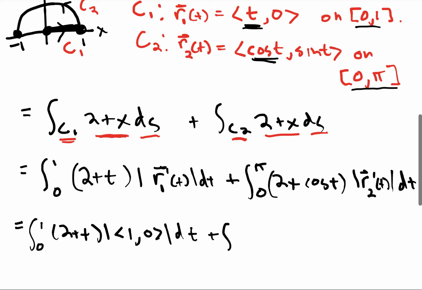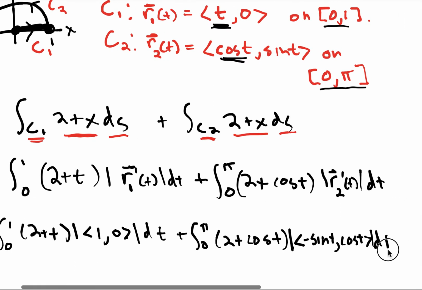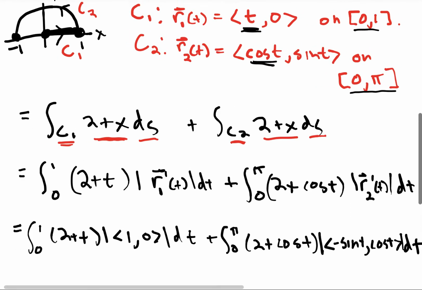Now for this other function, if I'm trying to worry about R2 prime, well, R2 was cosine t comma sine t. My derivative of that is going to be minus sine t comma cosine t. That's the magnitude that I am taking, there.